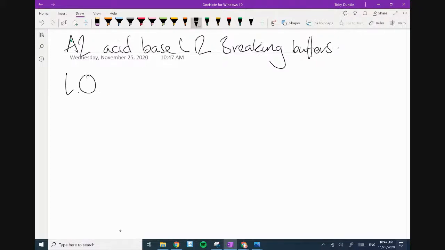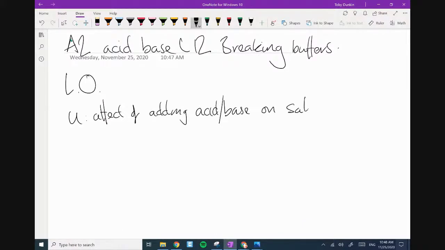First one, I need you guys to understand the effect of adding acid or base on salt and weak acid in the buffer. I know it's a long learning objective, I apologize.